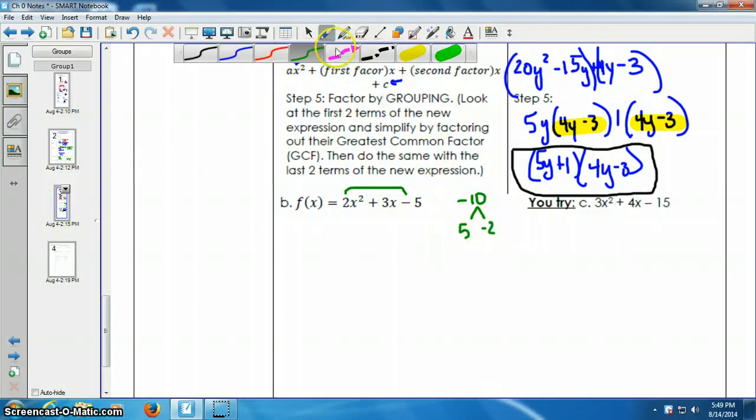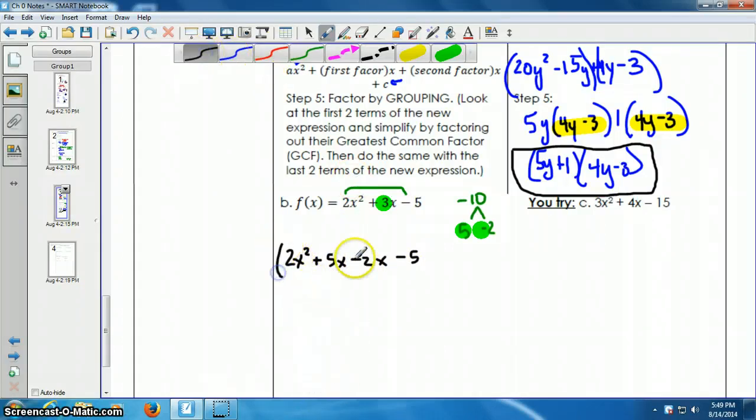Again, I'm going to replace the middle term with these two factors that essentially add to get that same thing. So bring down the first term, bring down the last term, and we're going to split the middle. And it doesn't matter what order you put your factors in. If you put the 5 first or the negative 2 first, it's not going to matter. It'll still get you the same answer.